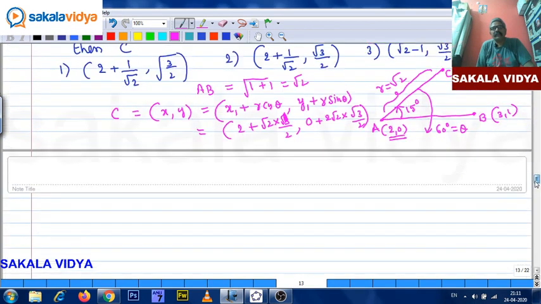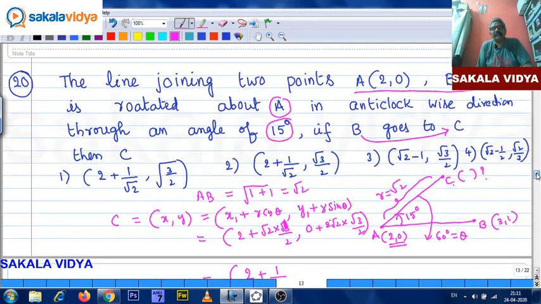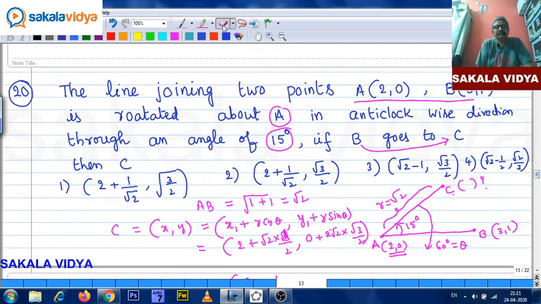So now we can write this is equal to 2 plus root 2 by 2, which means 1 by root 2. Sorry, one minute, I made a mistake. The r value will be root 2 into root 3 by 2.